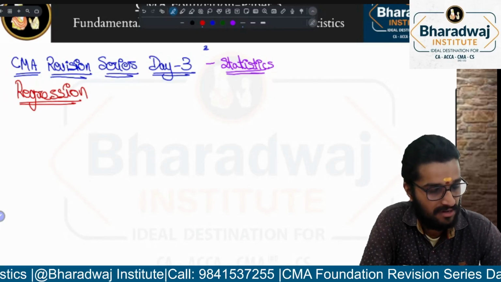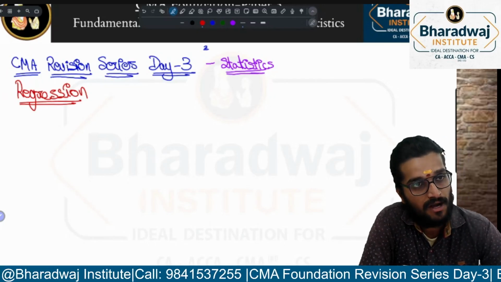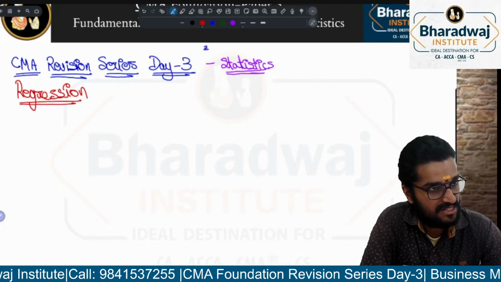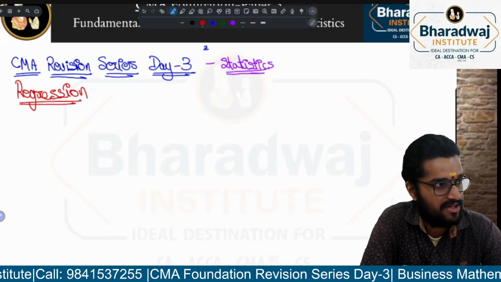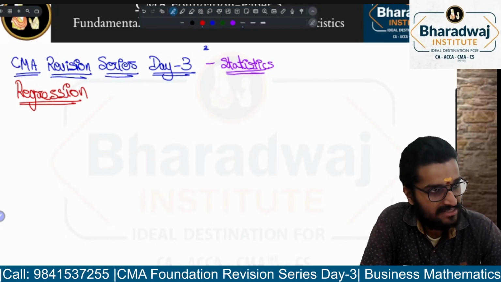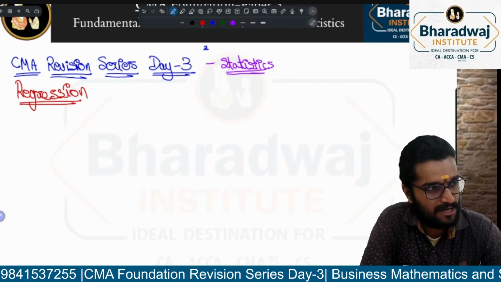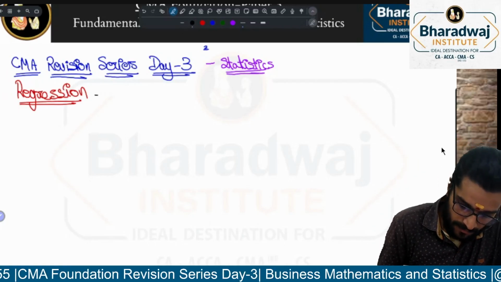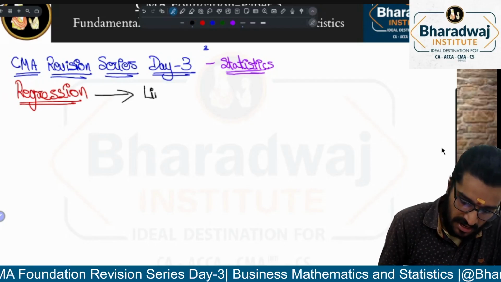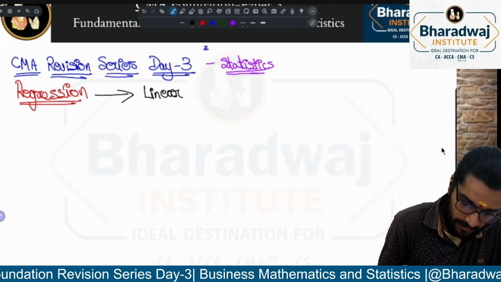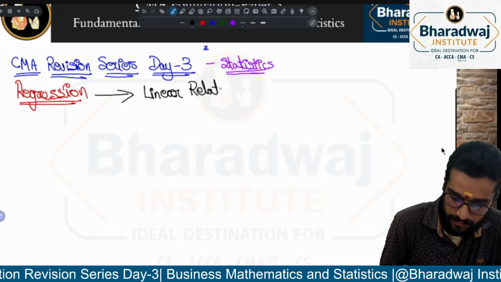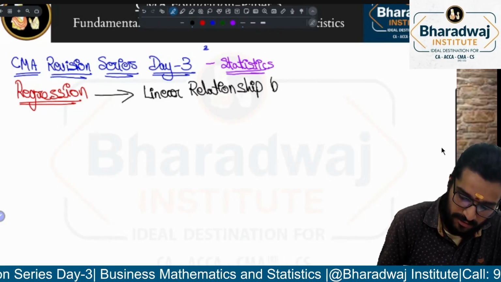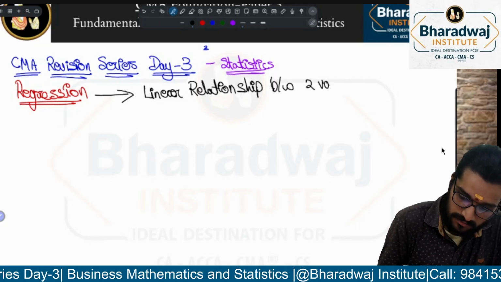But when it comes to regression, instead of discussing just the impact of change of one variable on another variable, regression will give a linear relationship between two variables.